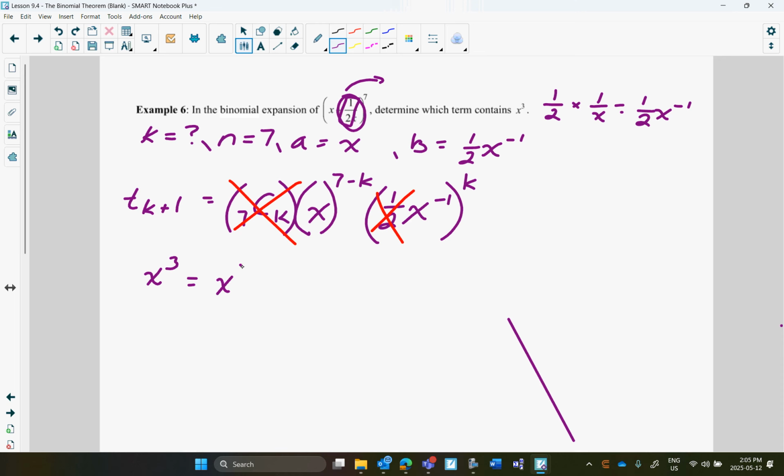So that means I get x to the 7 minus k times x to the minus k. Now I have to add these two. What is 7 minus k plus another negative k? 7 minus 2k.